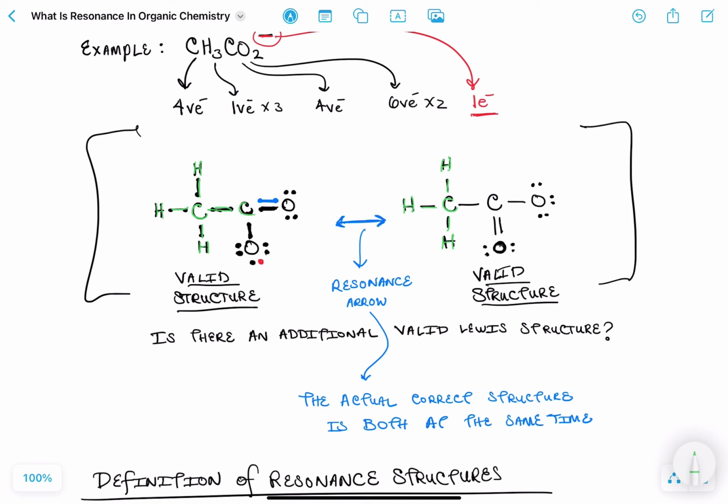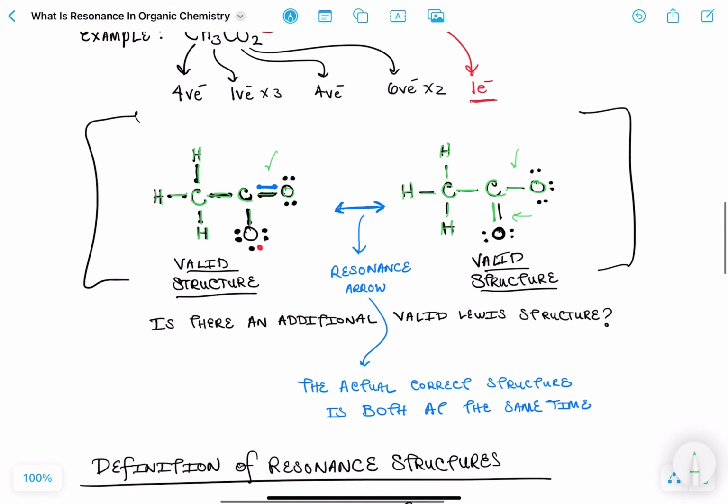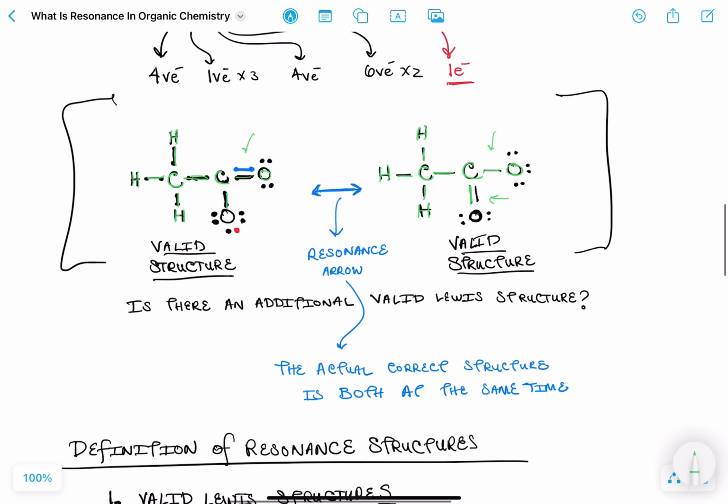Now we also have a C-C bond in both structures. We have a CO bond in both structures. In this structure, it's only a single bond. Here it's a double bond, right? But at least we have a CO bond, one of them, in both structures. Here, same thing. We have a CO bond here and a CO bond there. Yes, this one has a double bond, but this one has a CO bond. So at least both of them share a CO bond, even if they don't share the positioning of the double bond, right? And so the same connectivity of atoms.